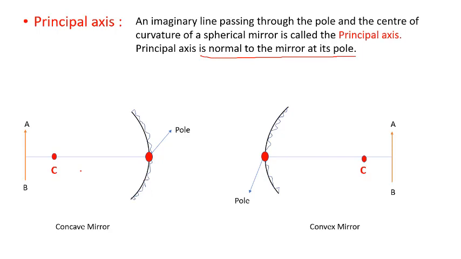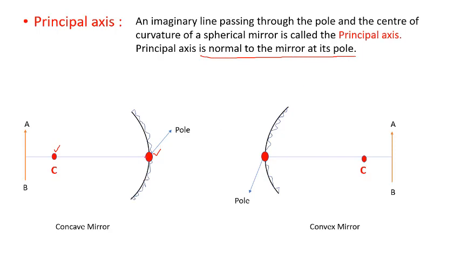When you look into the mirror, do you see a line? No. So this is an imaginary line that passes through the center of curvature and the pole, not focus. Few of our students really write this, but that is not the case.